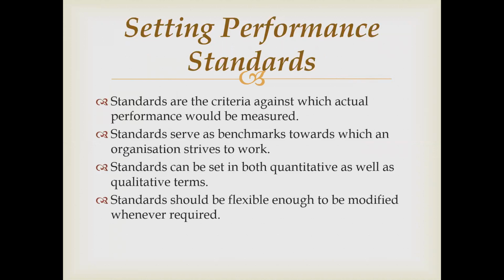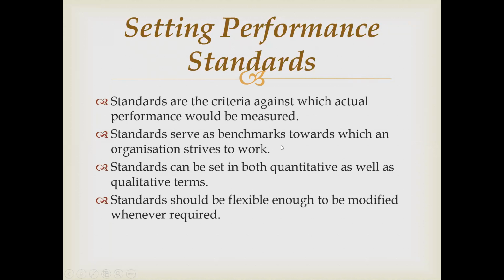First step of controlling process is setting performance standards. Standards are criteria against which actual performance would be measured. Standards, they are the benchmark against which the actual performance would be measured. हम जो अपनी actual performance है उनको measure standards के against ही करते हैं.